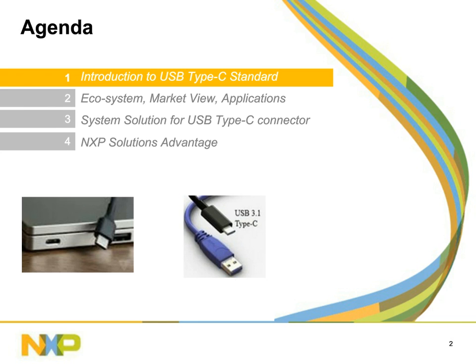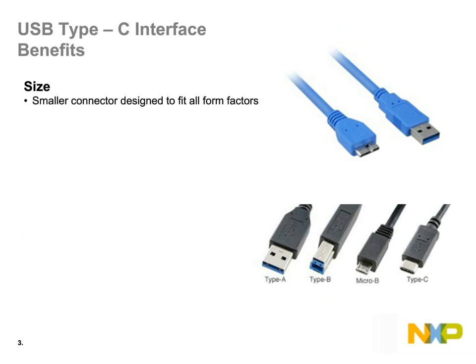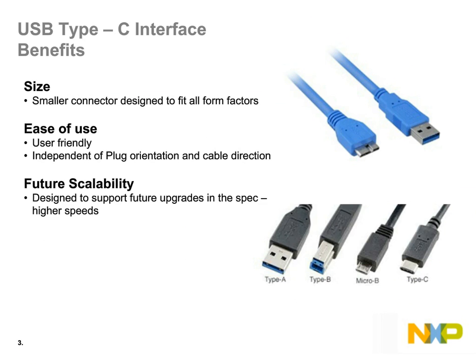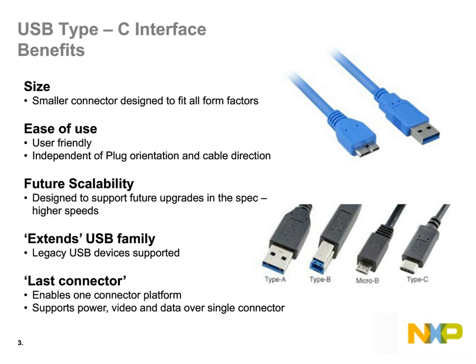USB Type-C offers several benefits like size, ease of use, future scalability, backward compatibility, and so on. It is really an all-in-one connector that can plug in either way. It can support power delivery up to 100 watts bidirectional.